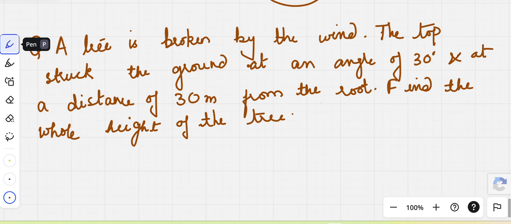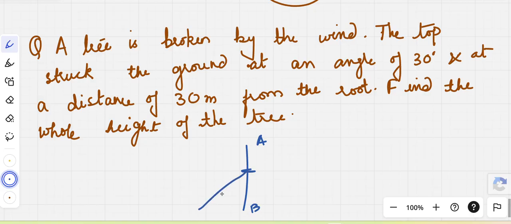Did you all draw the diagram properly? Yes, ma'am. There is a tree. This is your tree. A part of the tree broke. AB was the tree, but from here the tree broke, so it fell on the ground like this.